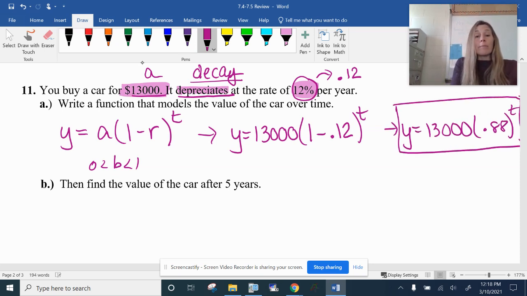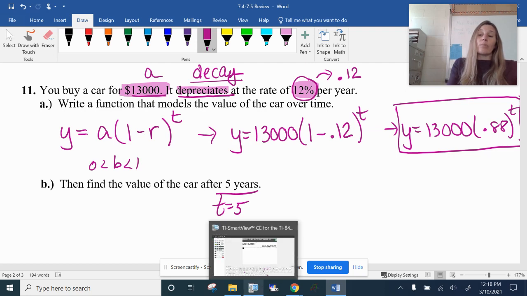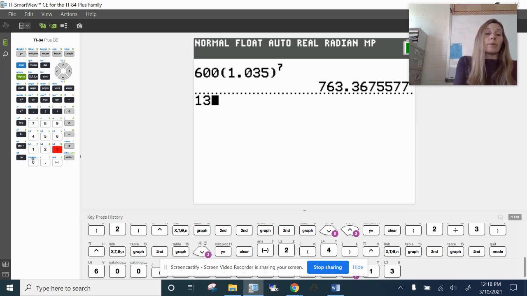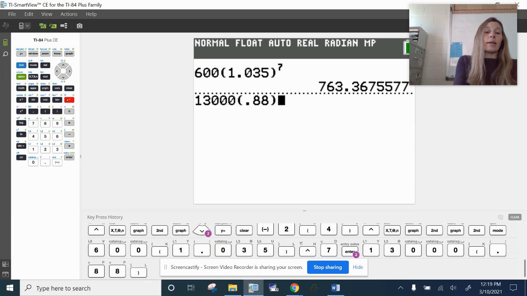Now I can use that model to find the value of the car after 5 years. So my t is 5. So on my calculator, I'm going to plug this in, putting in the 5 for the t. So I have 13,000 times 0.88 raised to 5.